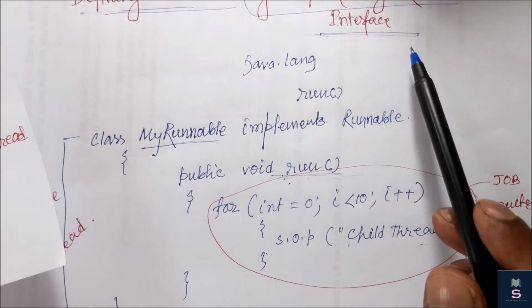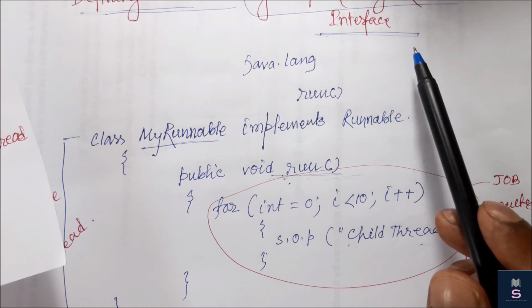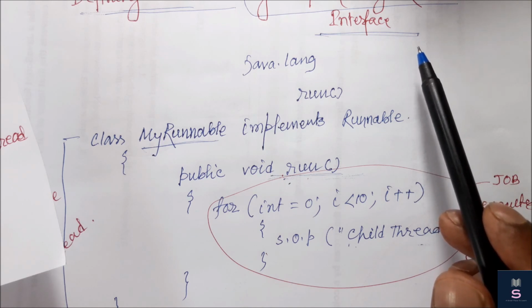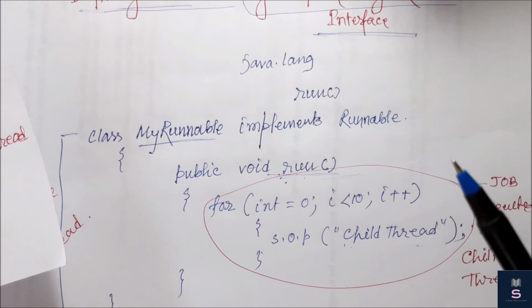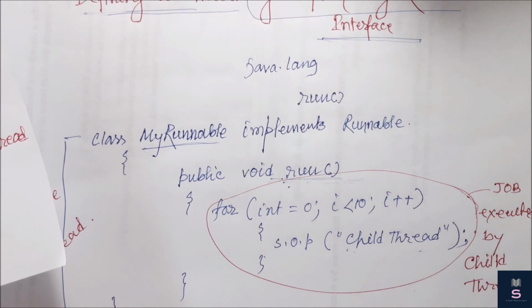The inheritance property is kept safe in the second approach. There might be other reasons, such as performance, but we always recommend creating a thread by implementing the Runnable interface, because we will not miss the opportunity of the object oriented inheritance property.